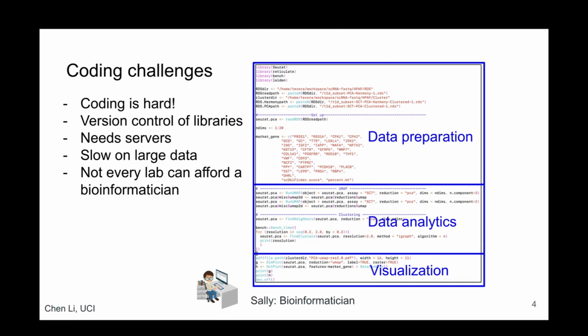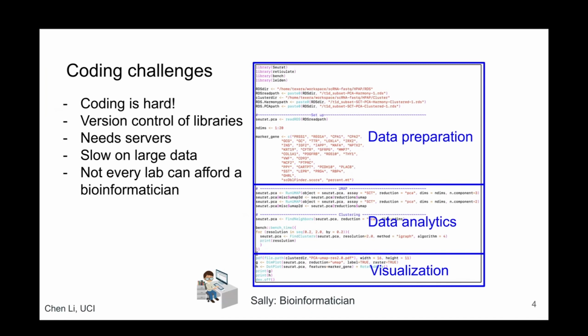So there are a few challenges Sally faces when she does this kind of coding. First of all, coding is really hard. Even though there are many very smart bioinformaticians, understanding code, managing the code, and sharing the code is extremely challenging.